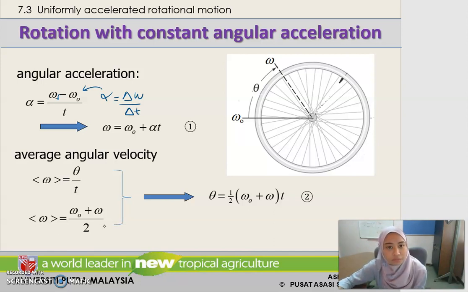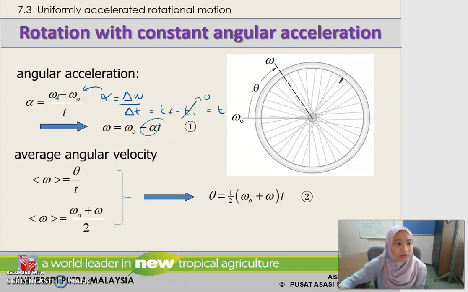Assuming we start from time 0, delta t is just t final minus t initial. So this becomes a 0, so t final is just t, right? So rearranging this equation, I get alpha t, and then I move this guy over here, which gives me omega naught or omega initial plus alpha t.